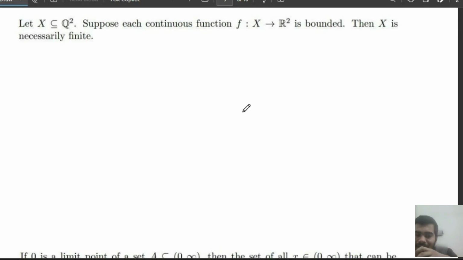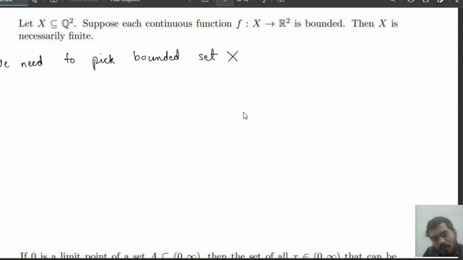So we can't take X as an unbounded set. So to get the counterexample, first of all, we need to pick a bounded set X. This is the first point. Because if you take unbounded set X, then the identity function is a continuous function which will take unbounded to unbounded, and we won't be able to make a counterexample.